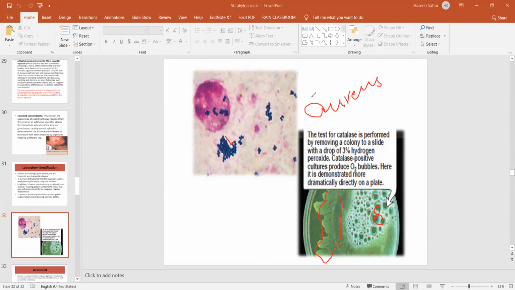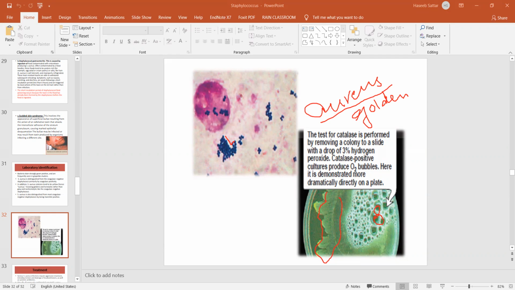Aureus means golden color. The name is aureus because of its yellowish colonies, and that is why we call this bacteria Staphylococcus aureus.